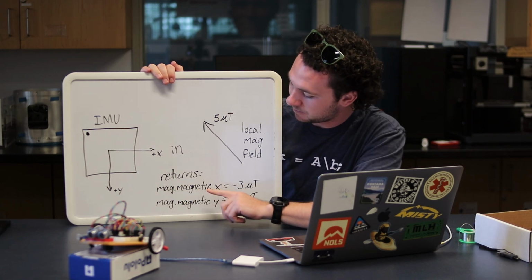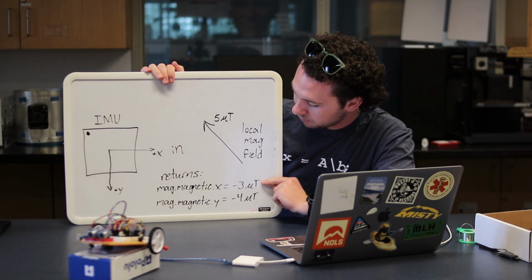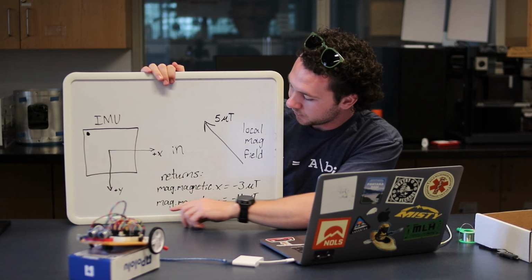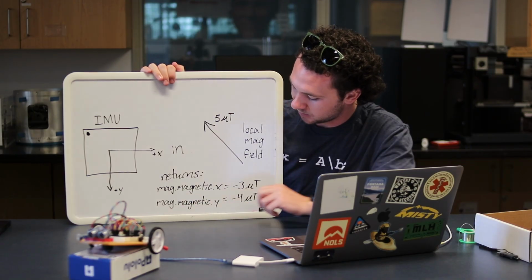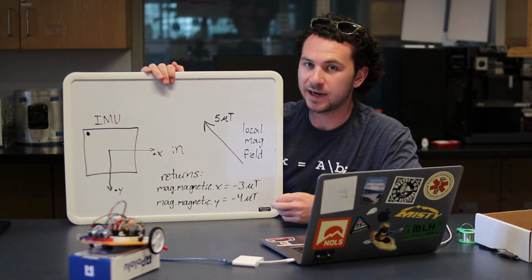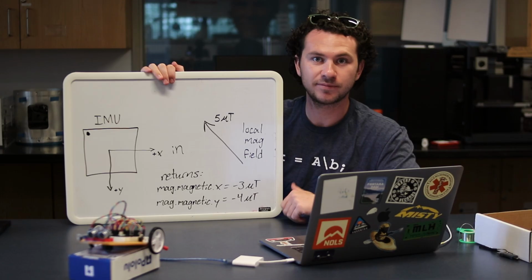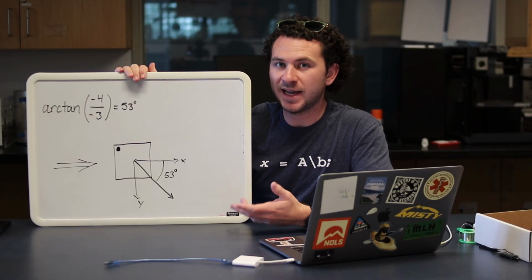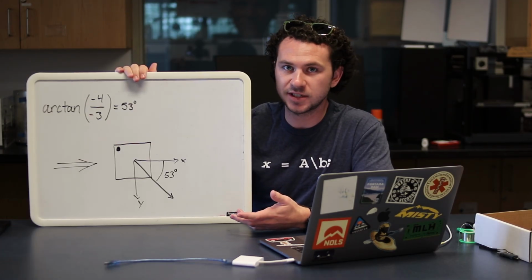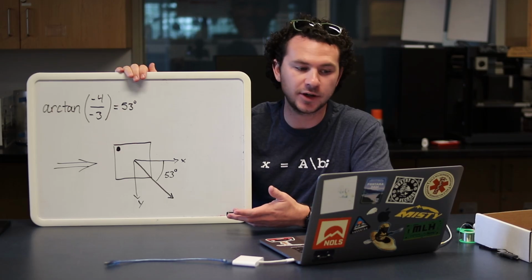For mag.magnetic.x, we read 3 microteslas. For mag.magnetic.y, we read 4 microteslas.